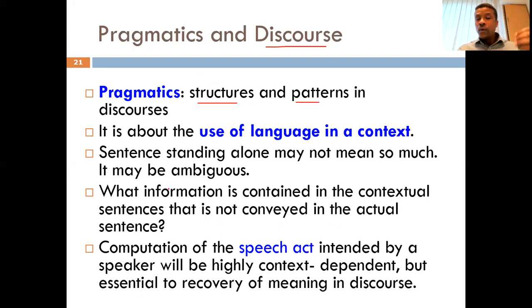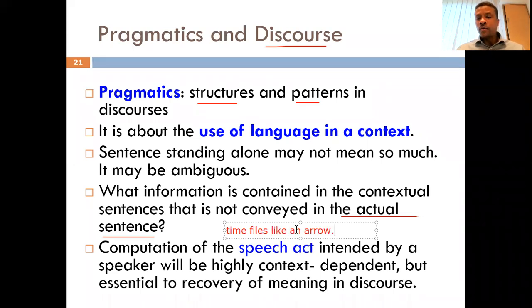In pragmatics, we are concerned about, mind you, in the actual sentence, there is some piece of information. But what is the information that is not conveyed in that sentence? You might have even greater things than that. Let me give you one sentence, for example. Whenever you say this, what does it mean?